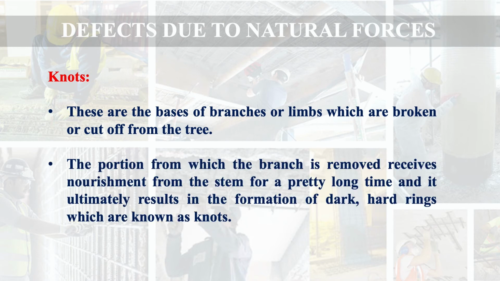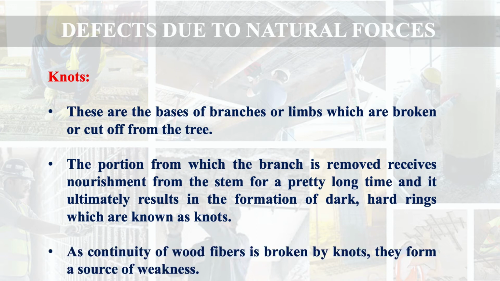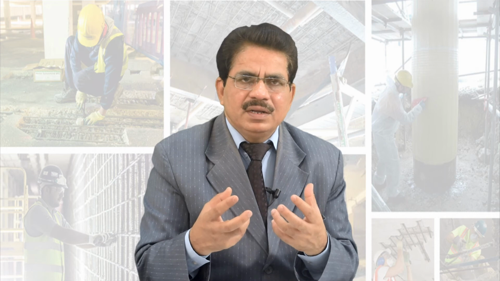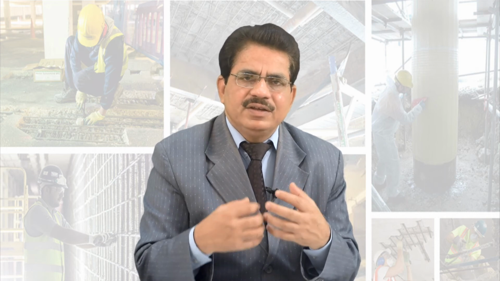The portion from which the branch is removed receives nourishment from the stem for a plenty long time, and it ultimately results in the formation of dark, hard rings which are known as knots. As continuity of wood fiber is broken by knots, they form a source of weakness. Means the timber having knots is a weak timber.